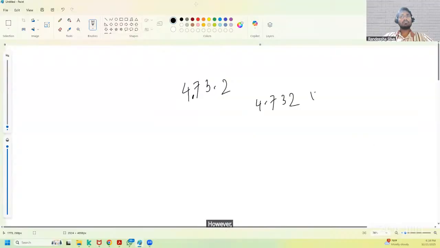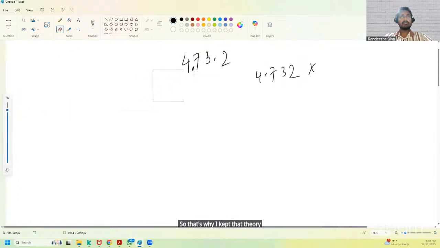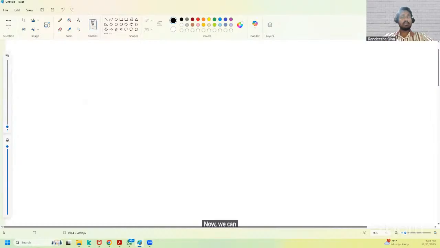However, we have to use the scientific form. We move this decimal point to create a number between 1 and 10, then we account for that jump using the characteristic. So now we are moving with the characteristics. That's why I kept that theory for later. Now we can understand that properly.